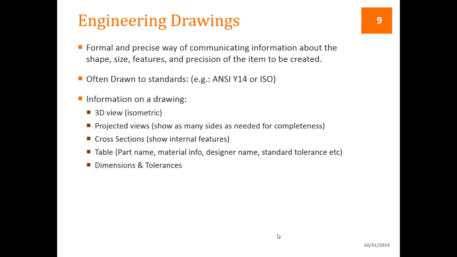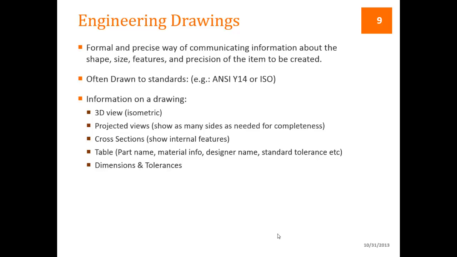Then you have projected views, so top, front, side, those types of things. And you're going to include as many as you need in order to indicate all of the various dimensions that you need to specify. So sometimes you can get away with a single projected view, and sometimes you need 3, 4, 5 of them. You can also have cross sections, right? So this is where you're cutting something in such a way to show internal features.